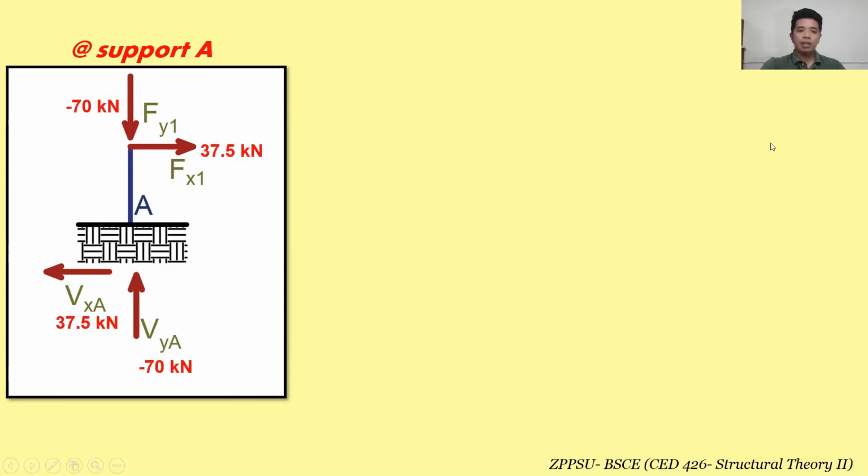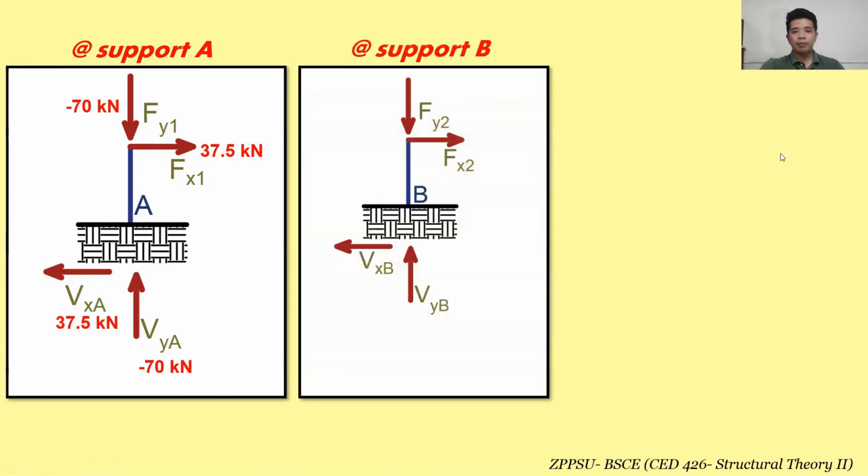So meron na tayong mga values niyan. So just jot it down. So negative 70, negative 70. Positive 37.5 and 37.5. So at support B naman, so yan. Basta tatandaan nyo, pag pinutol nyo yung isang segment ng material, kung ano yung mga direction doon, yung sa kabilang part, opposite ng kung ano yung direction ng kabilang part.